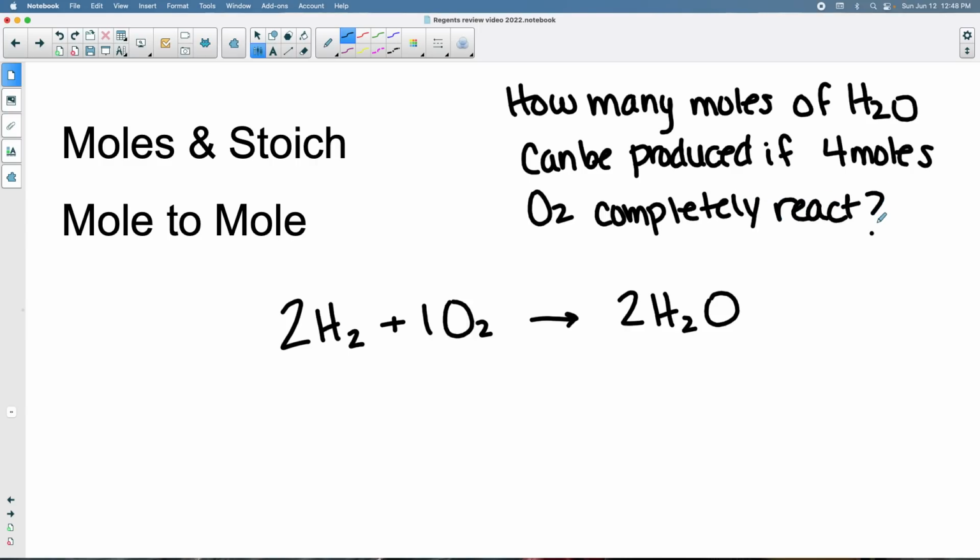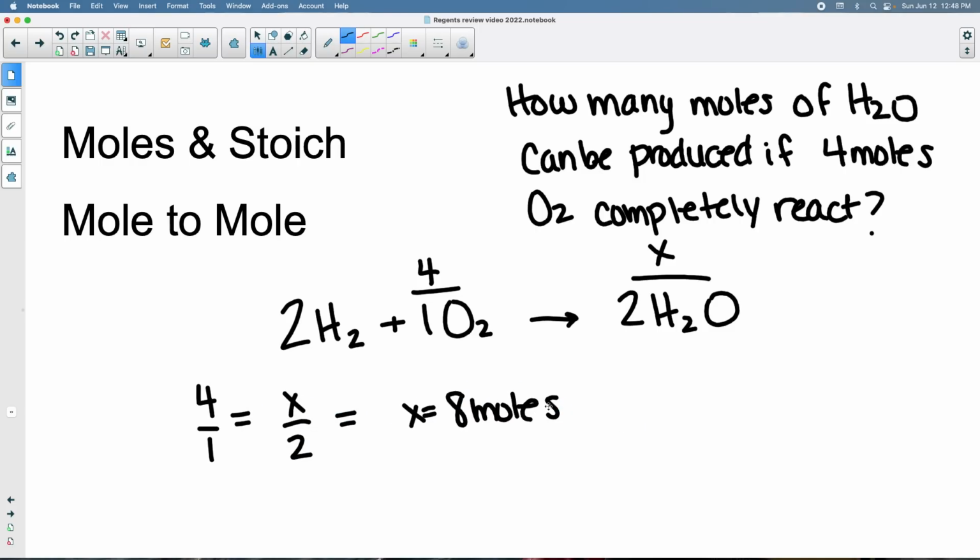For example, how many moles of water? You can put an X over your water. If 4 moles of oxygen completely react, we get 4 over 1 equals X over 2 if we make that into a proportion. Word problem, how many means X. 4 moles of O2, put it over it, make a proportion.